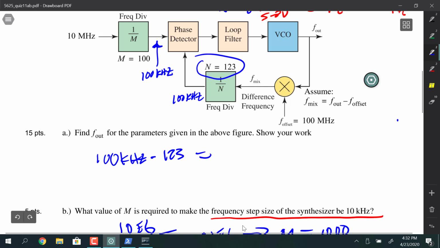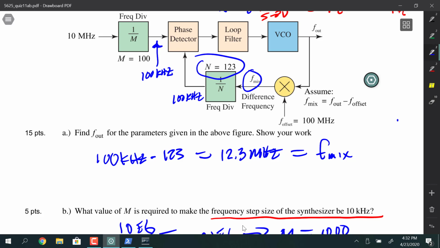So that tells us that F mix is 12.3 megahertz, and I'm telling you that F mix is equal to F out minus F offset.